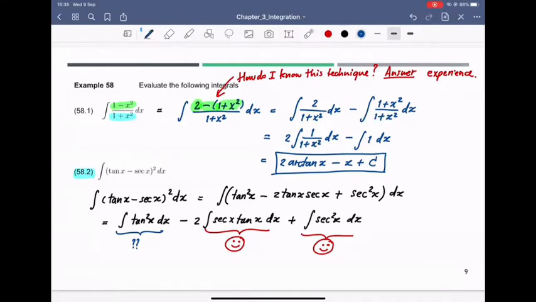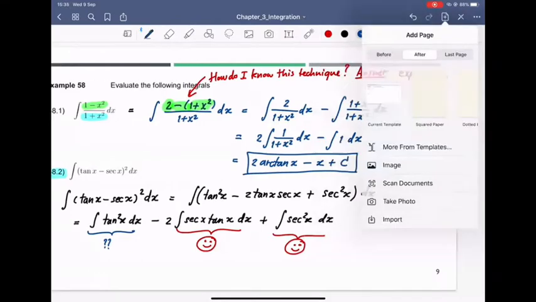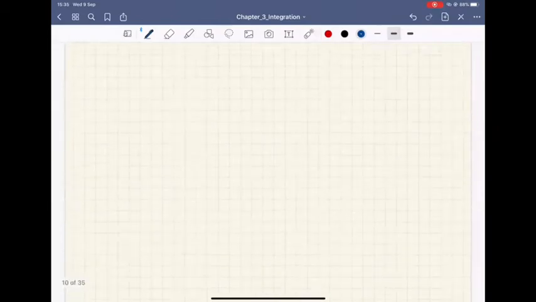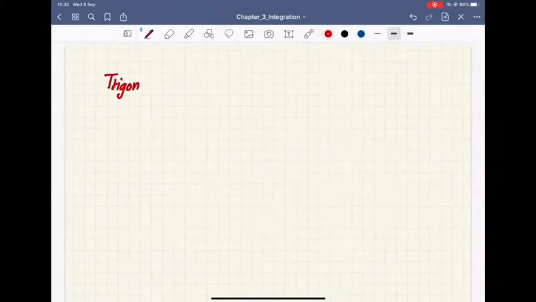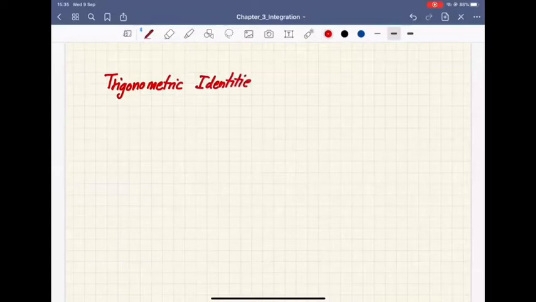So let me give you a review. This is very important because some of you forgot everything about trigonometric identities already. When you learned trigonometric identities in high school, you learned so many formulas, but my trick is that you only need to memorize the basic formula and then you go from there.